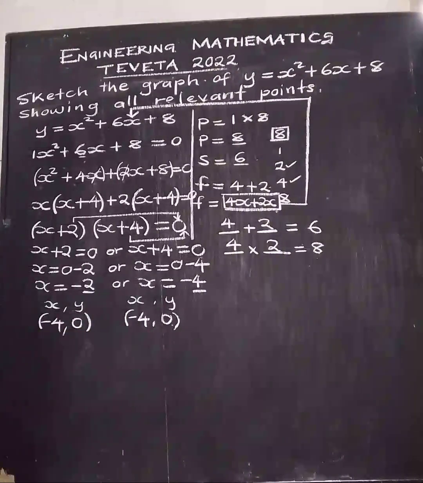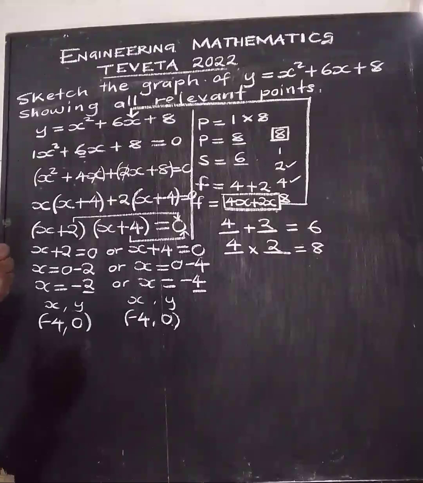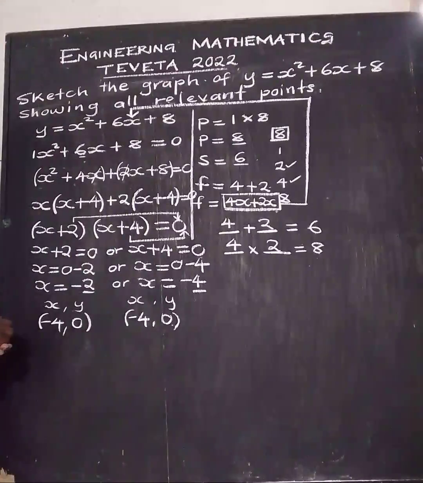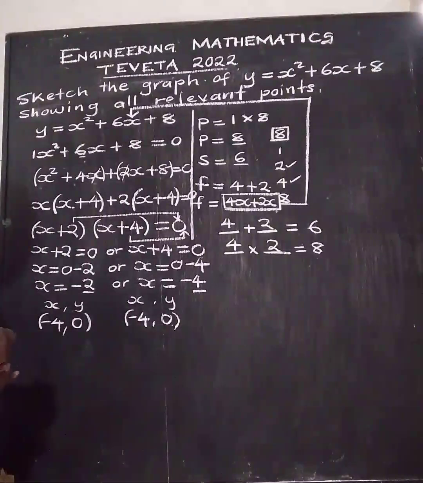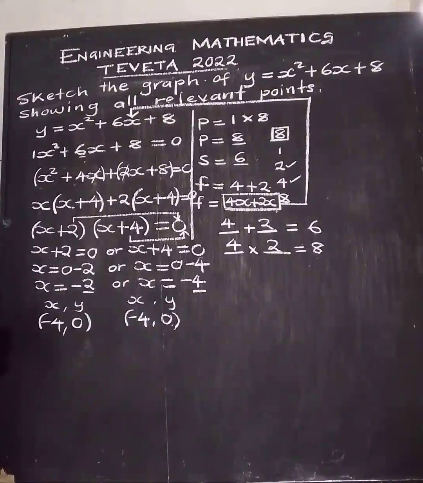The graph is passing through the x-axis. So having known the coordinates, now we need to know the turning point of x as well as y, or the vertex of x and y. So let's find the turning point of x and y. Now, how do you find the turning point?